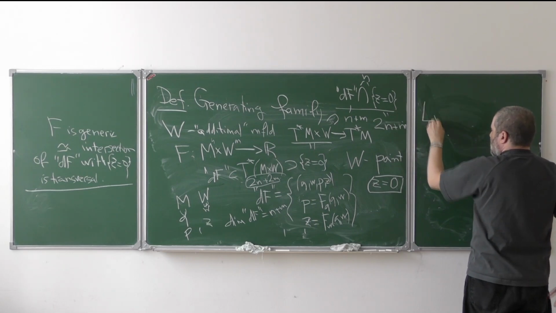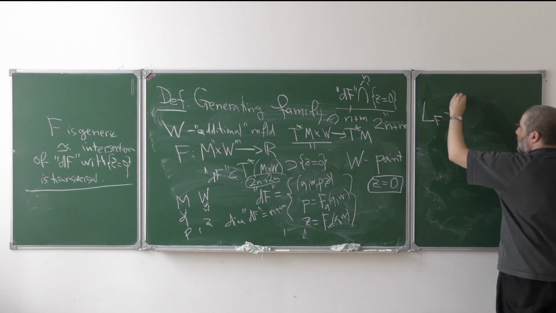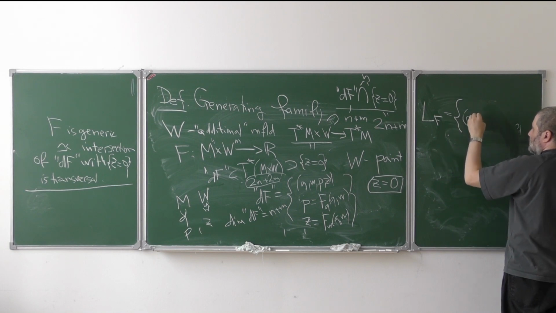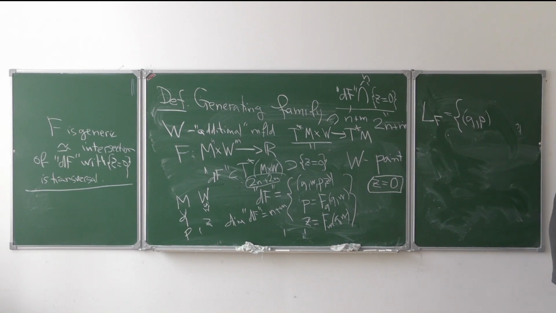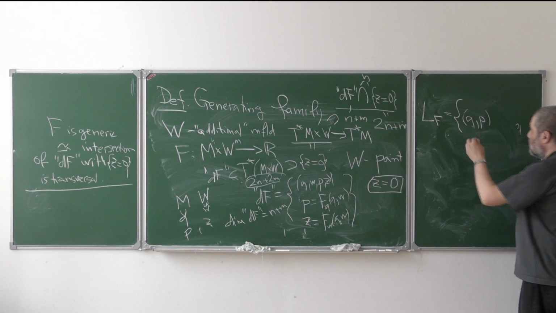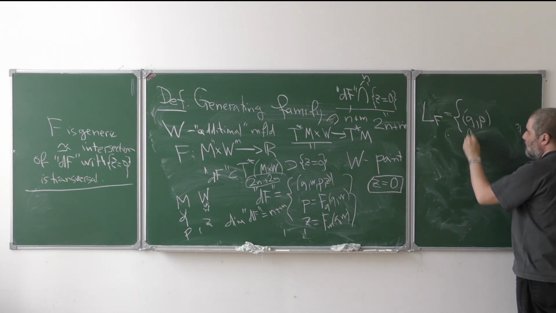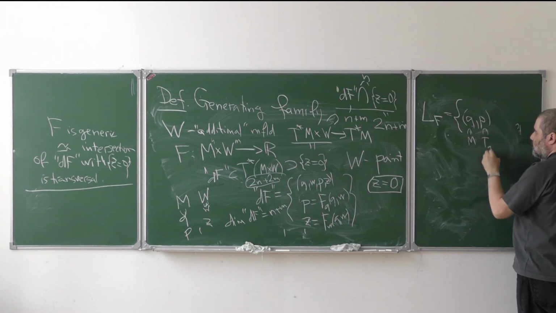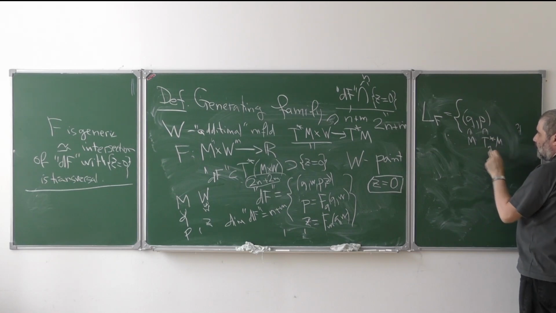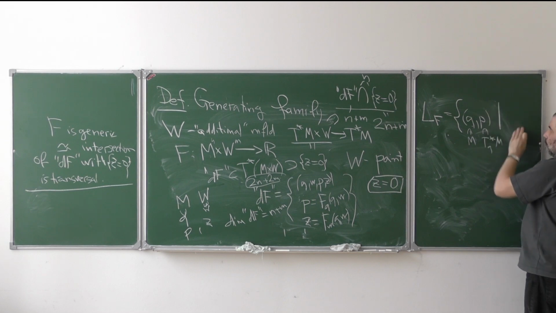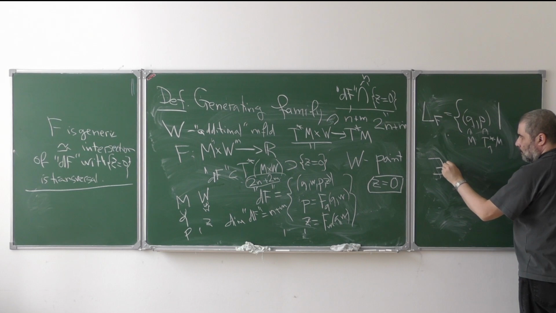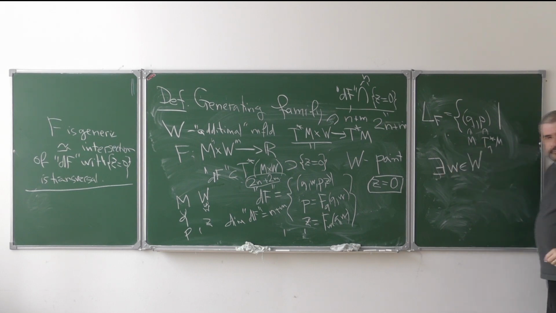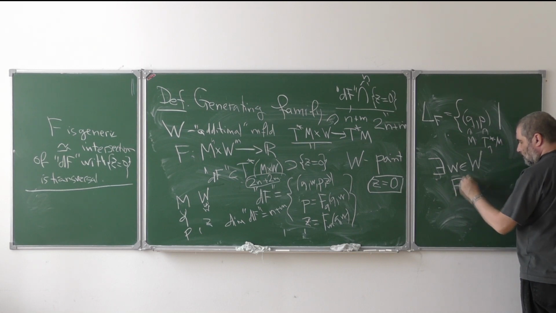L_F is the set of all pairs where q in M and p in the cotangent bundle at point q, such that there exists w in W such that the condition holds.